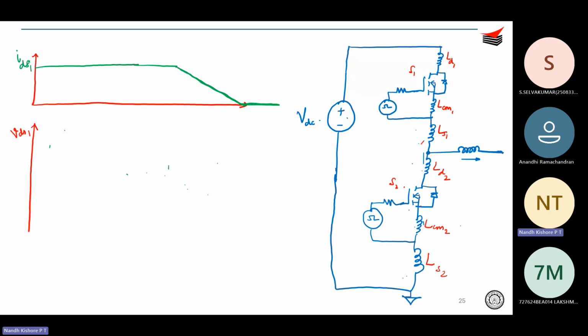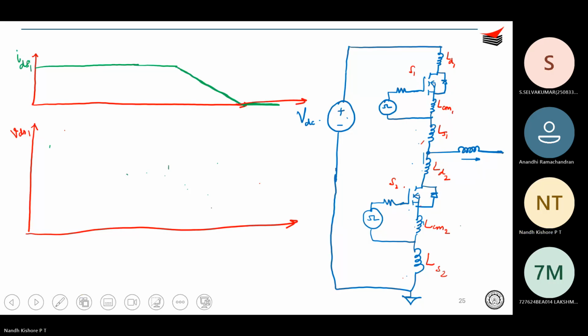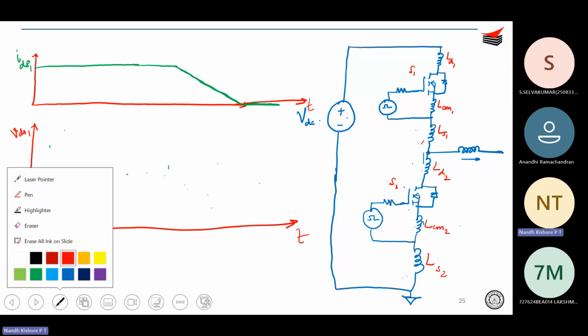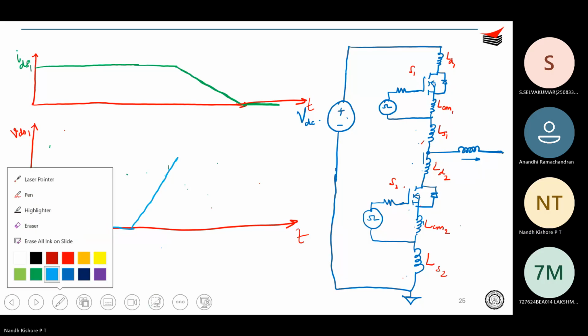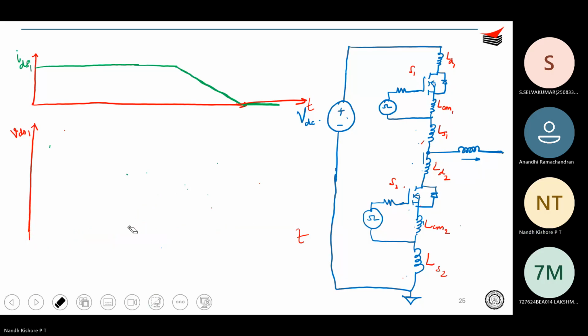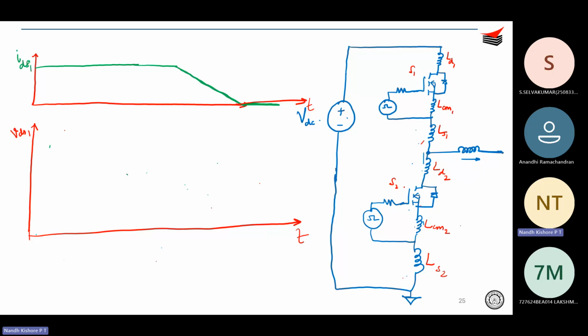And what about your VDS1? Your VDS1 was initially very low, or we will consider it as 0. Then what would happen? We saw that VDS increases first, right?